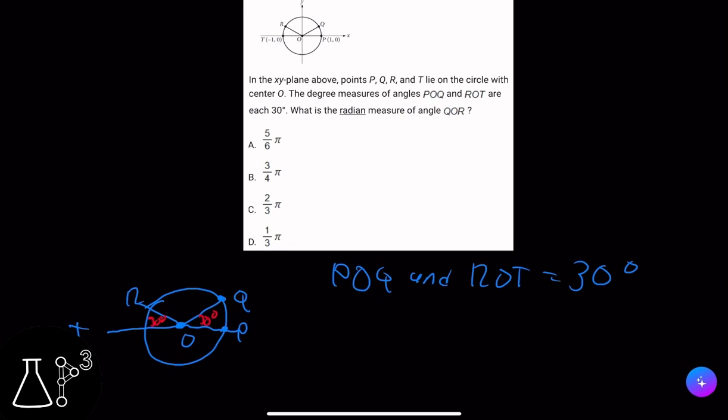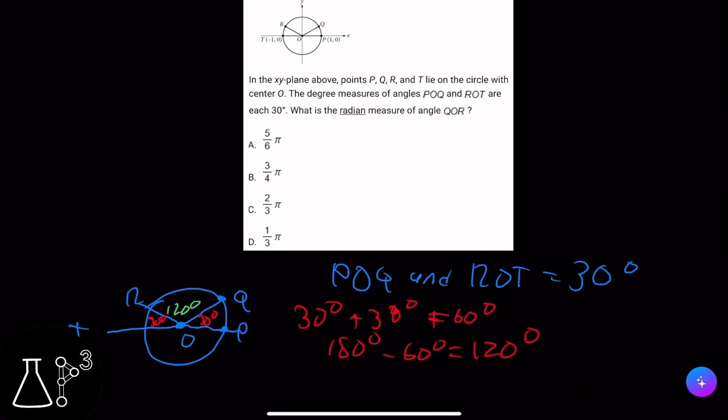So 30 degrees plus 30 degrees equals 60 degrees, and 180 degrees minus 60 degrees gives 120 degrees. So QOR equals 120 degrees.